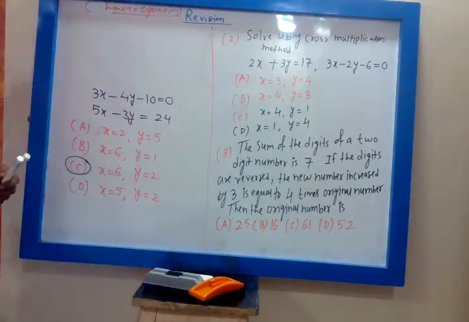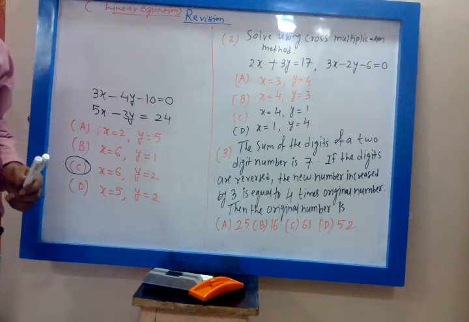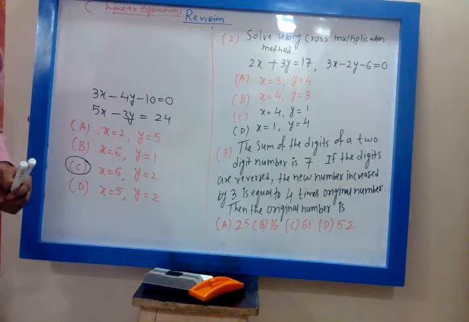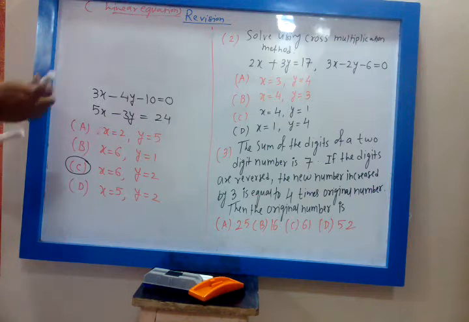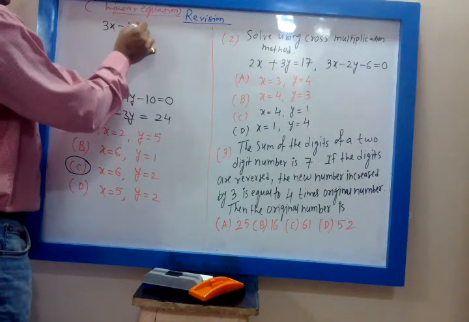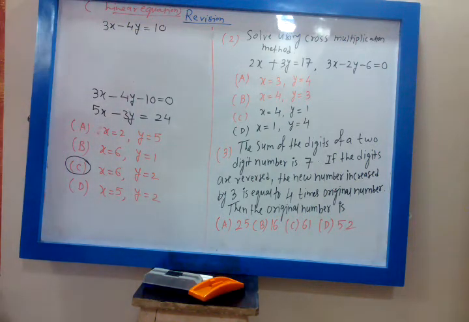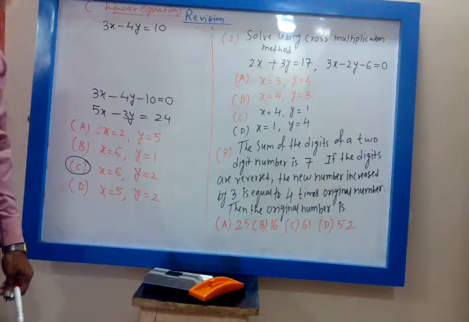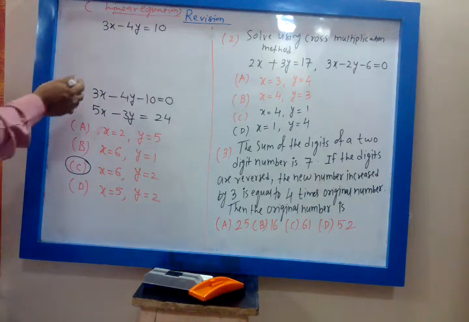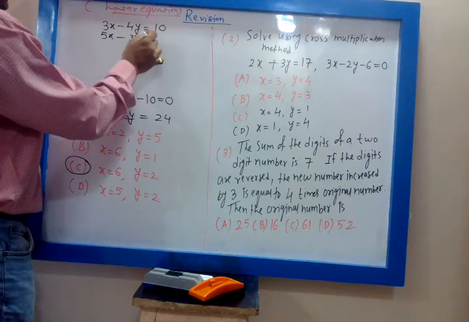Whenever you want to solve by using the elimination by equating coefficient method, we write 3x minus 4y equal to 10. In elimination by equating coefficient, we write in the a1x plus b1y is equal to c1 form. Then 5x minus 3y is equal to 24.